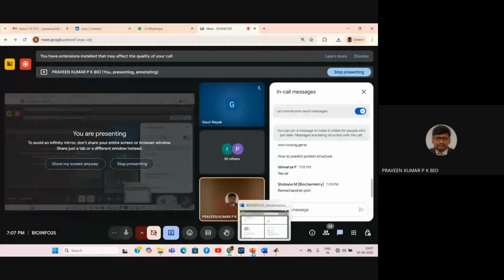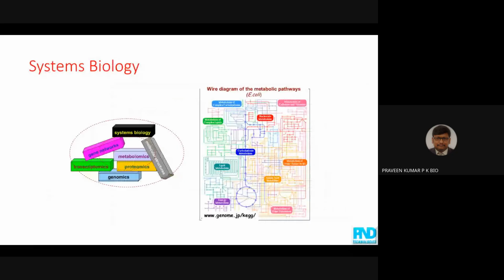Okay, now let me go ahead with systems biology. I was explaining that systems biology is majorly used for developing precision-based medicine, where we consider the genes, not just a single protein target, and of course not a single gene.